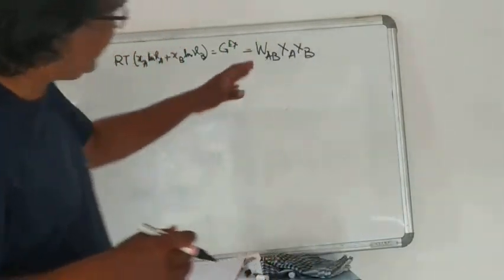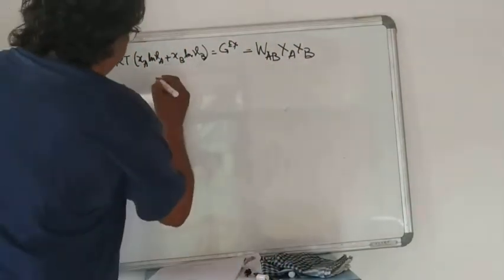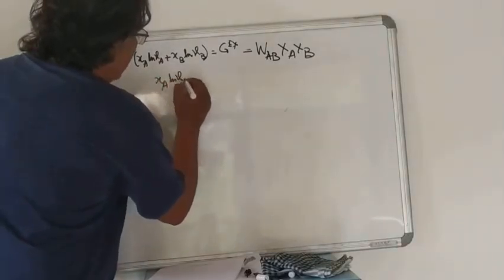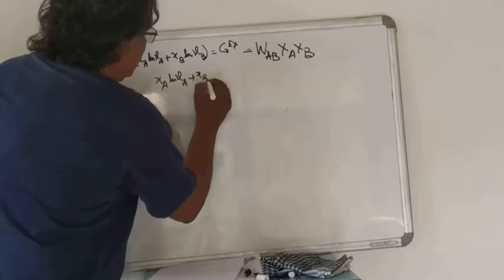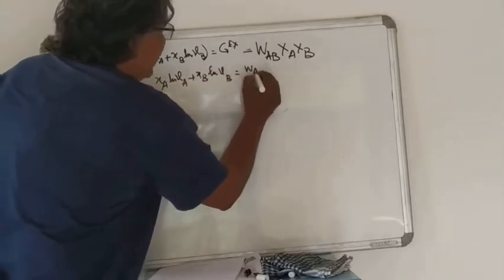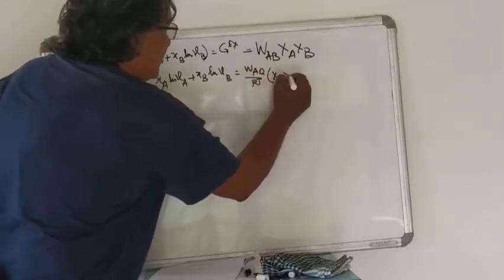In that case, in the derivation, XA ln gamma A plus XB ln gamma B is equal to WAB by RT into XA into XB.